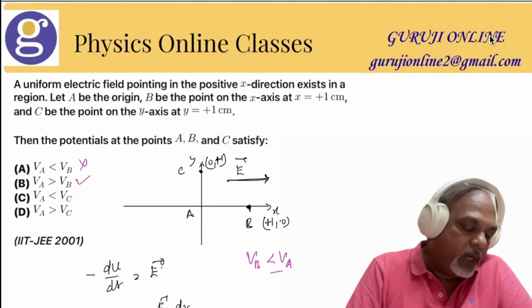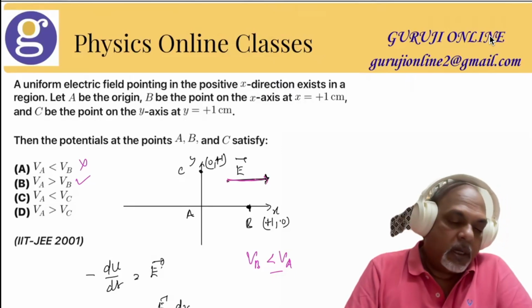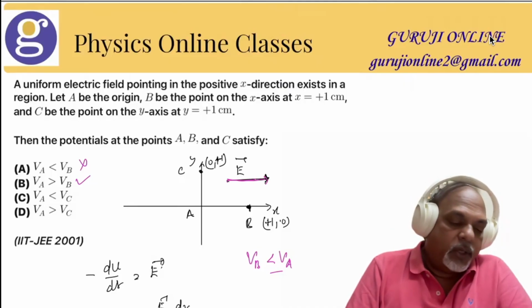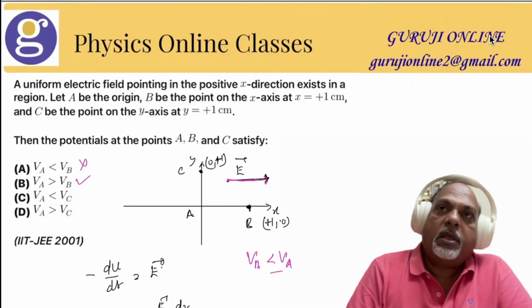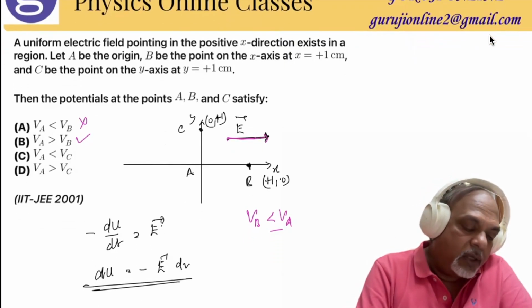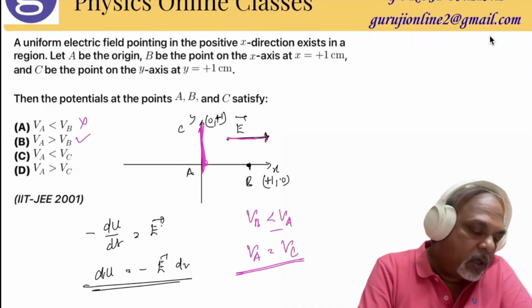Then V_A is less than V_C? Now, the electric field is in the direction of the x-axis. So potential along the perpendicular to the x-axis will not have any effect. Correct? If you see, AC is basically an equipotential line, and that way you can say V_A must be equal to V_C. So this is not correct, and this is also not.